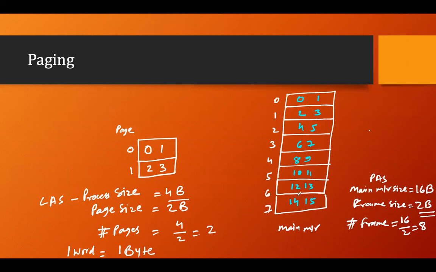Getting it? Now assume that these blocks are occupied. So what are the free frames here?